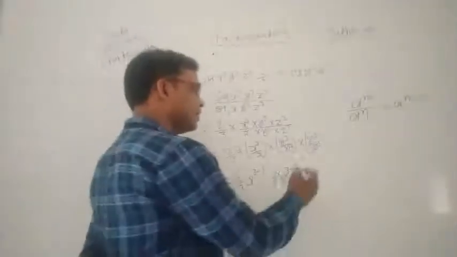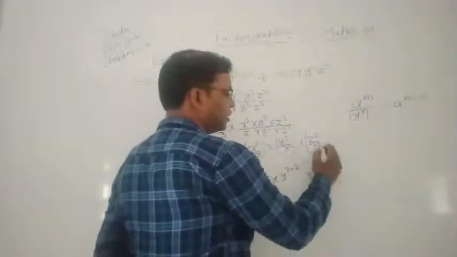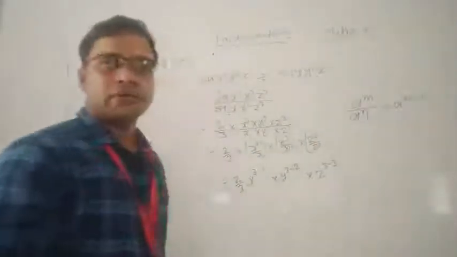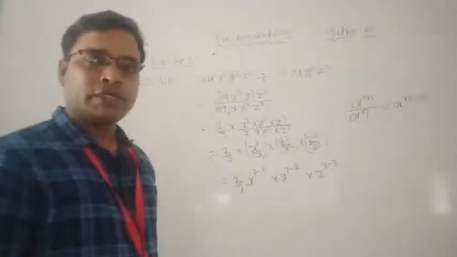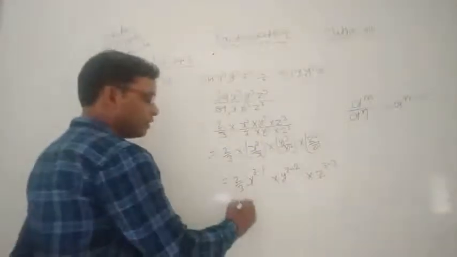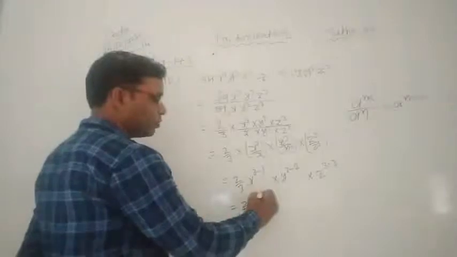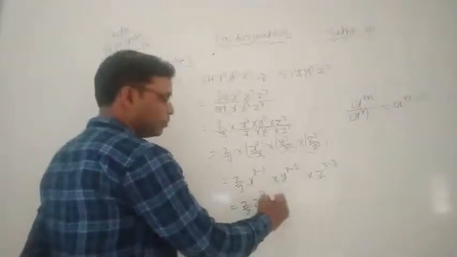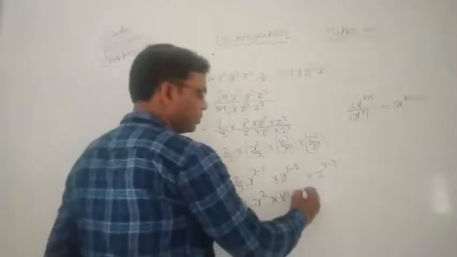Now here into z 3 minus 3. Here you can see both have power 3 and the same base. So in the case of division, we can subtract their powers. So we have here 2 by 3 into x power 2 into y power 1 into z power 0.